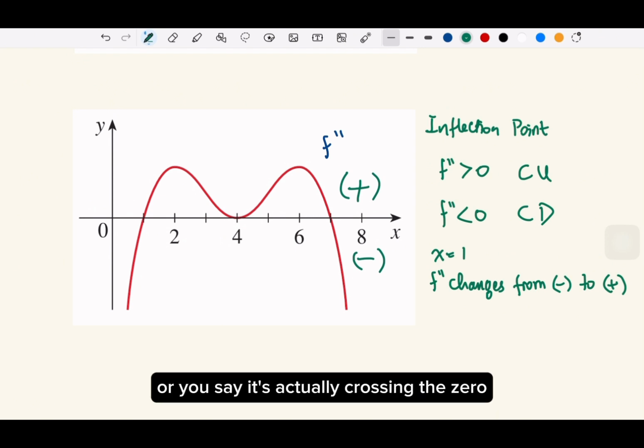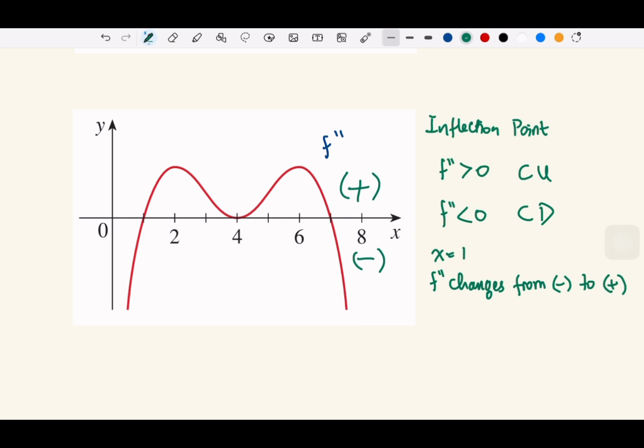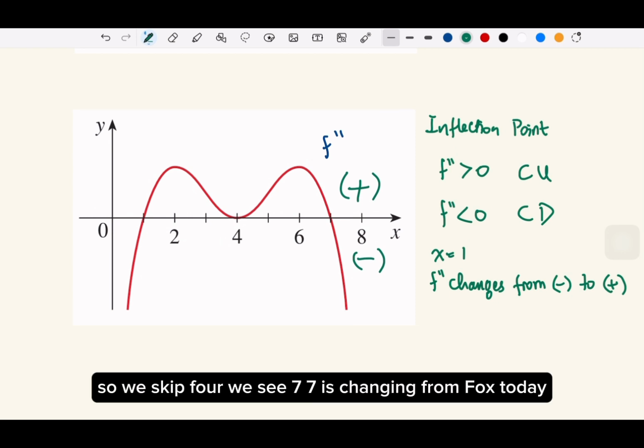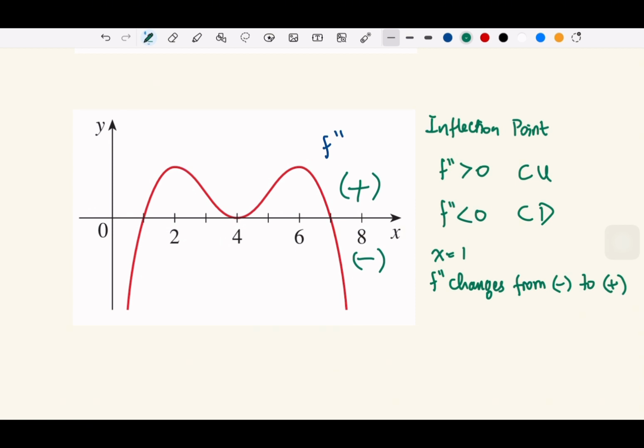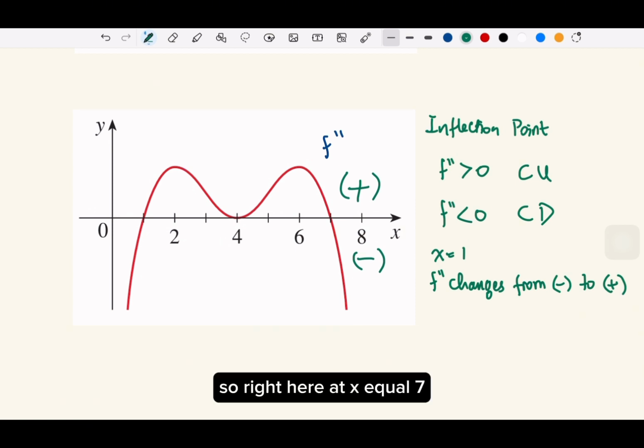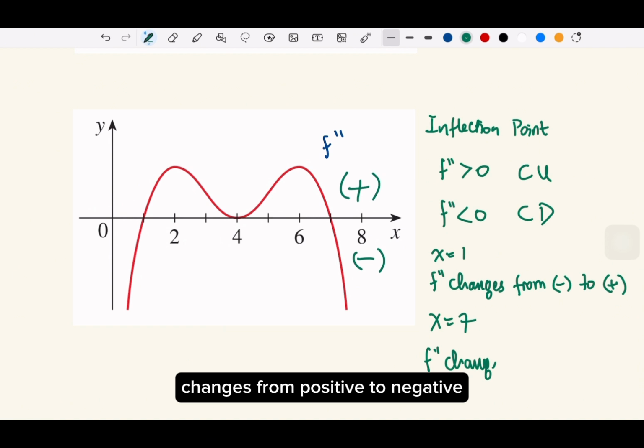Or we say it's actually crossing the 0, but it doesn't change anything. So we skip 4. We see 7. 7 is changing from positive to negative. So right here, at x equal 7, f double prime changes from positive to negative.